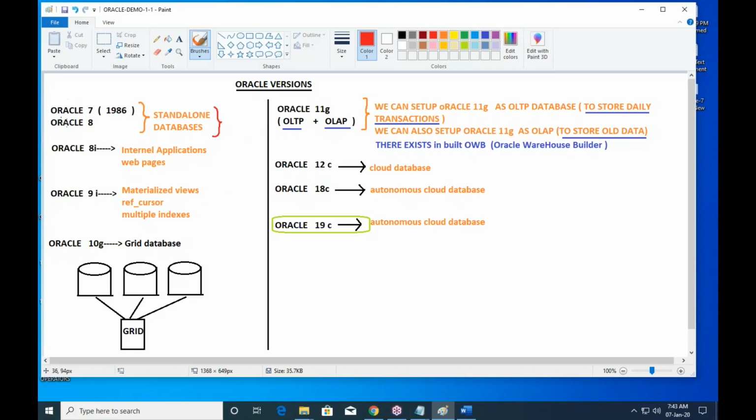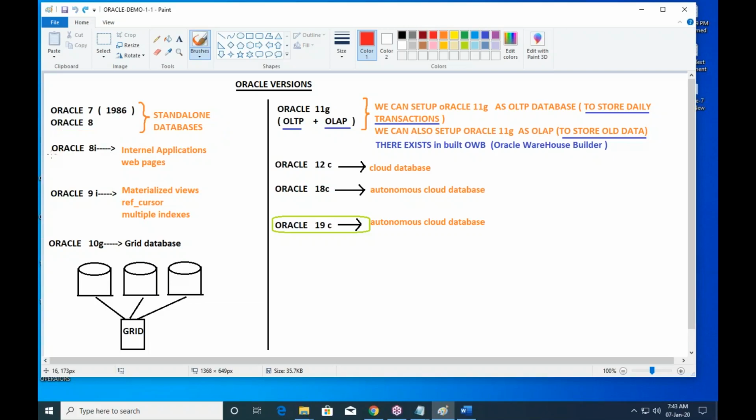That is the disadvantage. These databases do not support online transactions. Client-server technology is used, but you cannot access them through online applications. Online applications are nothing but web pages. Remember.